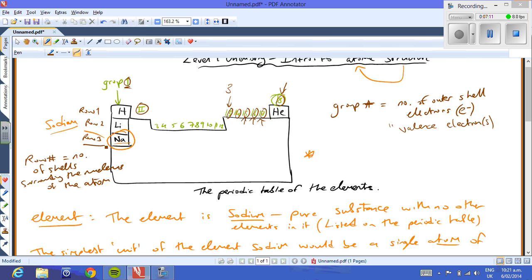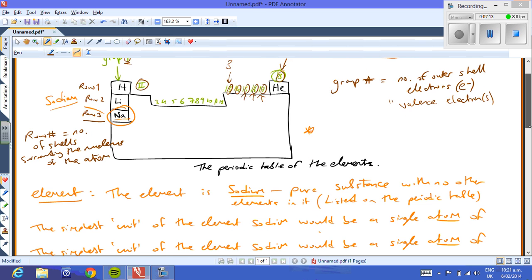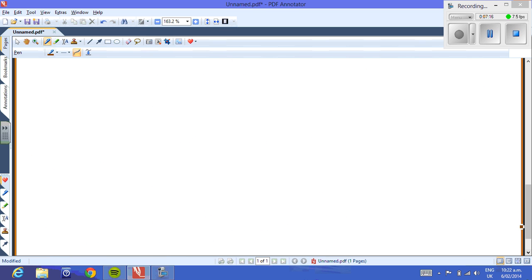So let's try and draw the atomic structure for sodium. Now there's some other information we need. I'm just going to essentially zoom in on the elemental picture for sodium that you would see on the periodic table. So the symbol for sodium is Na, and some of you might wonder, why is it not Sd, for example? The reason the symbol is Na is because the Latin for sodium was natrium, so they took the first 2 letters and gave it the symbol Na.